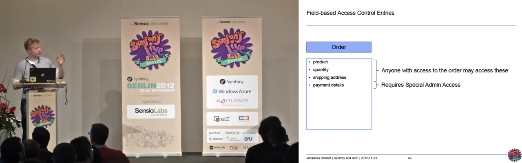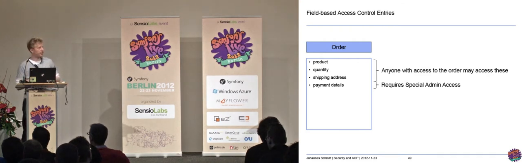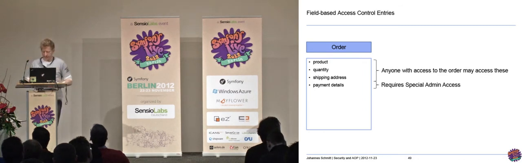But the other fields are not so confidential, and there I want to generally allow my support staff to see all fields. Then you could also create access control entries which are based on certain fields.